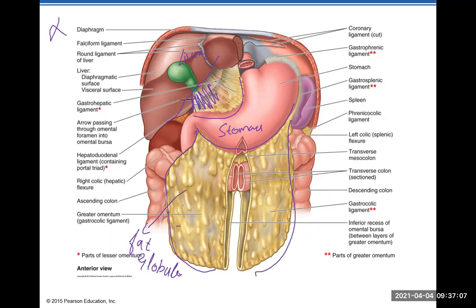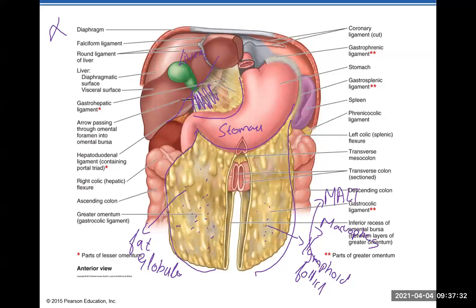And in between you will see it has a lot of lymphoid follicles, and then we also have macrophages, right? Remember, lymphoid follicles are part of the mucosa-associated lymphoid tissue, isn't it?